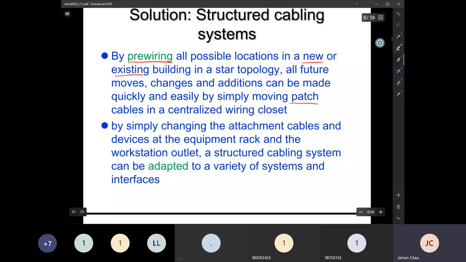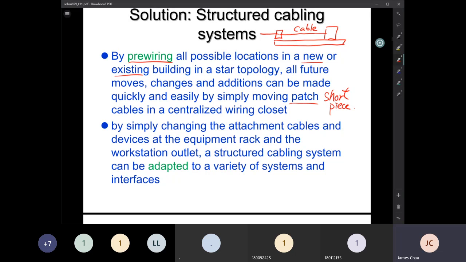cords, that means short pieces of cable in a centralized wiring closet. Now that means that on a floor, if you have a system here, you will connect a cable to a socket, and this socket will be further connected to a centralized wiring closet.